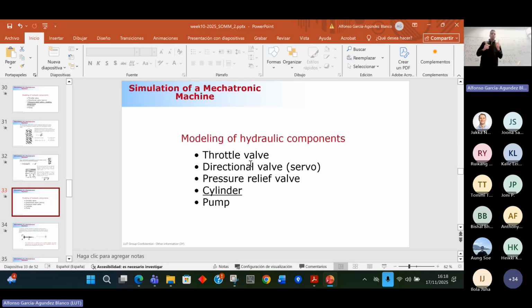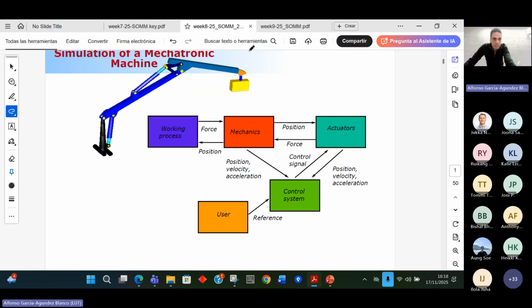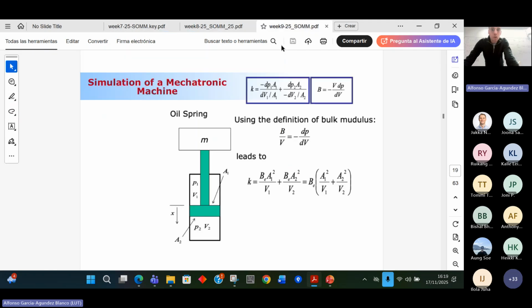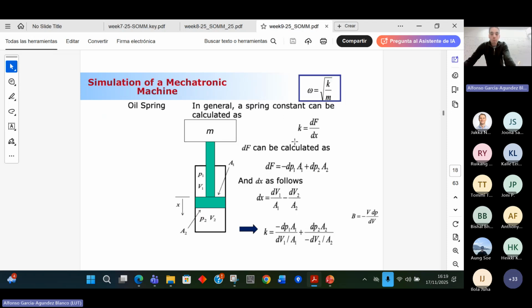And the other thing, I have received one question related to assignment 9 that was related to the computation of a natural frequency. Just to give you a hint, okay, if you remember, I have it here in the slides called week 9, the ones that you have in the Moodle, there was one exercise where you had to compute the natural frequency, assimilating this oil as a spring.